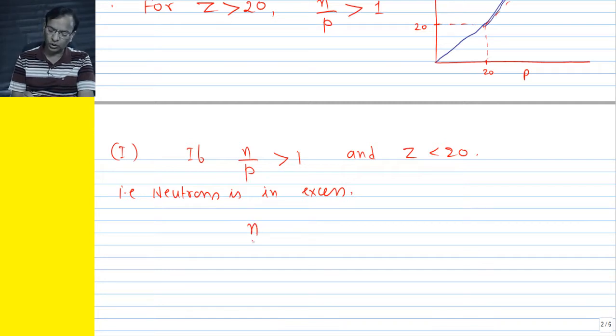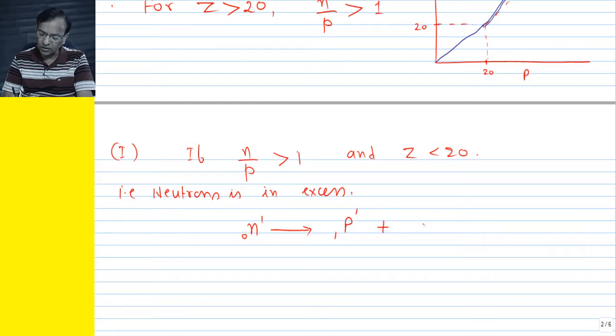A neutron has mass number 1, charge 0, and will be converted into a proton which has charge 1 and mass also 1. For a balanced nuclear reaction, mass number and charge number must be balanced. So here we have one more charge.